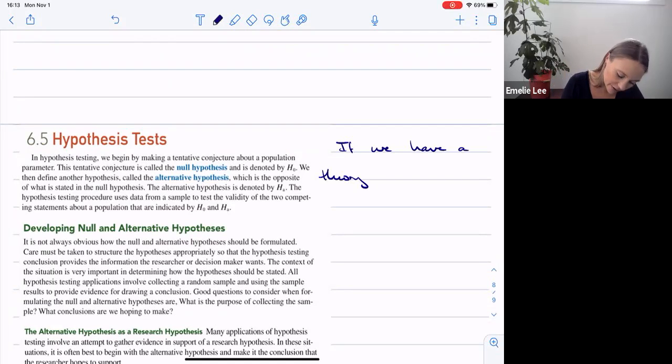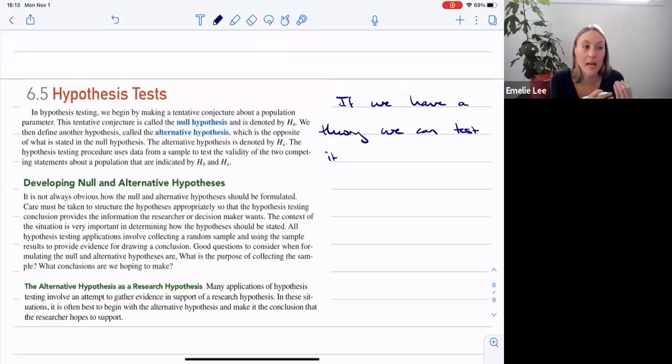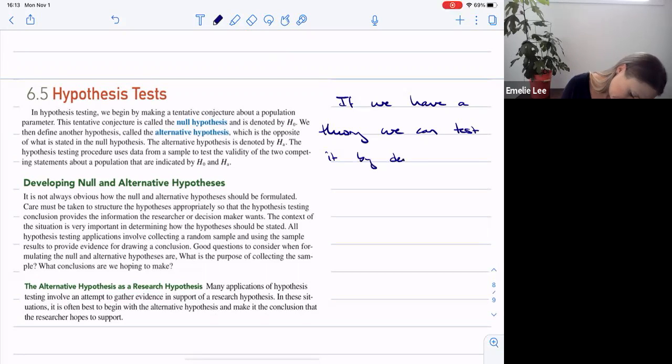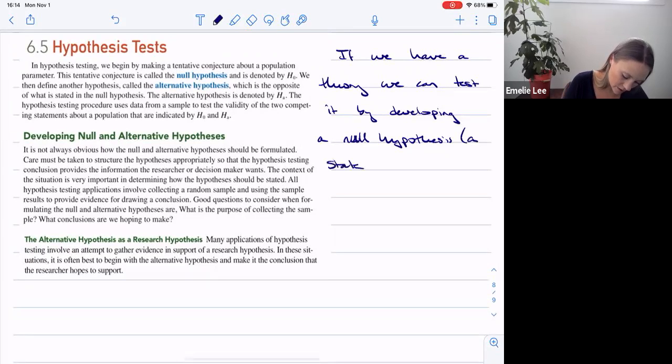But if we have a theory, we can test it by developing a null hypothesis, right? And an alternative hypothesis. By developing a null hypothesis, okay. And this is a statement of no change.